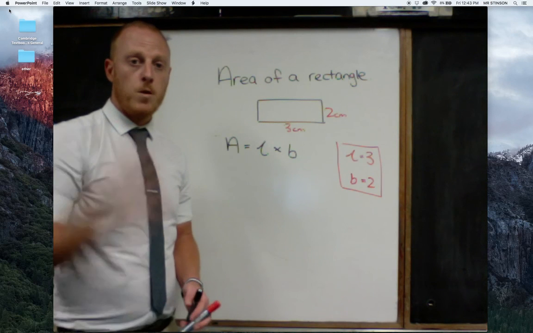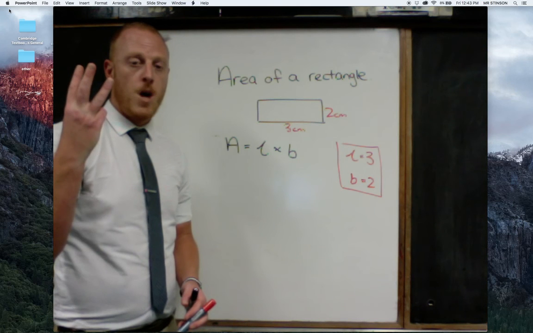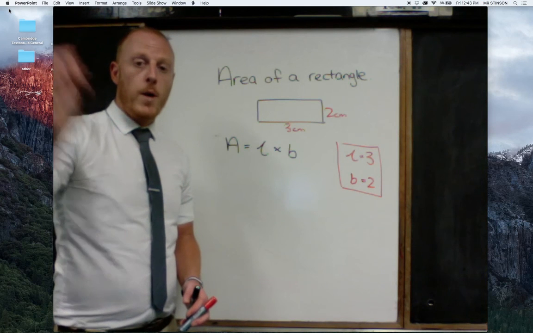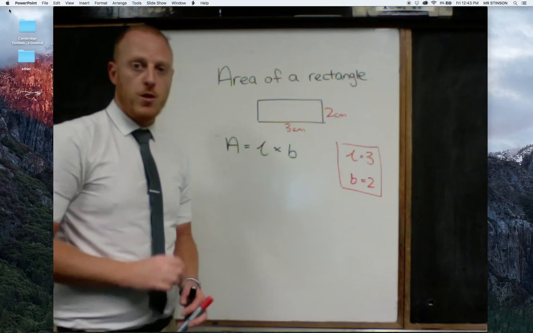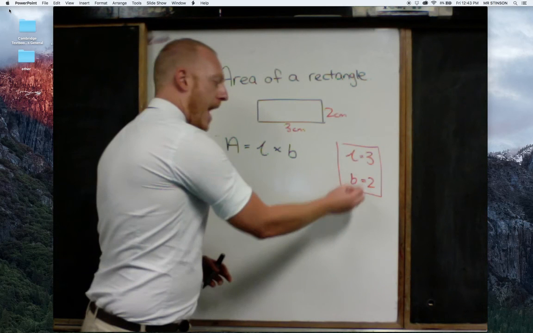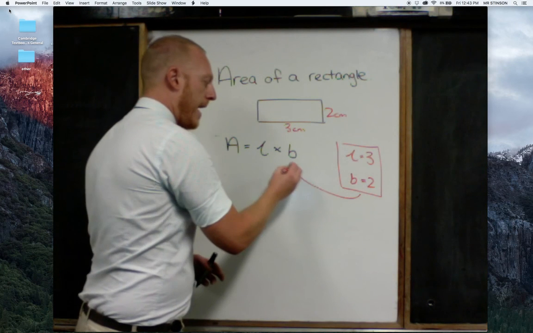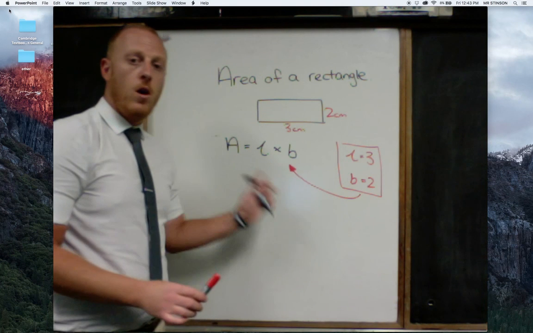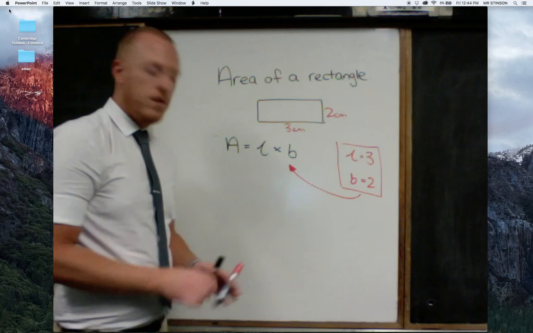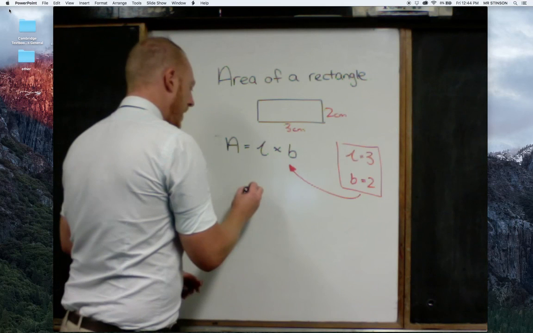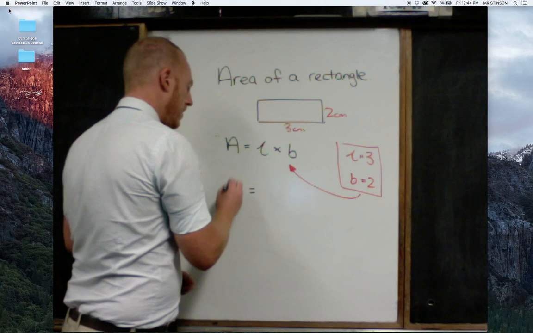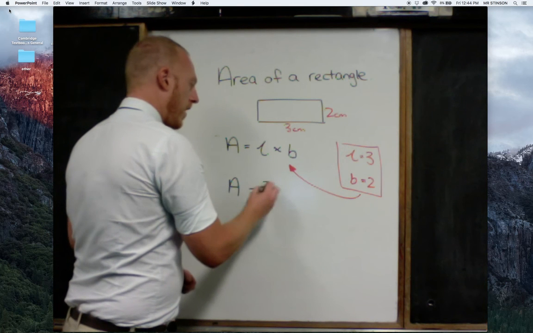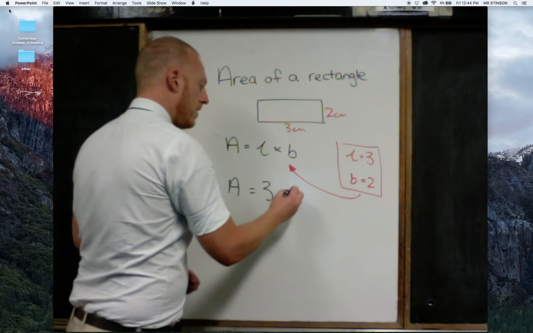Okay, on to step 3. We now need to substitute our values back into the formula. A no longer equals L times B. If we substitute, A equals 3 times 2.